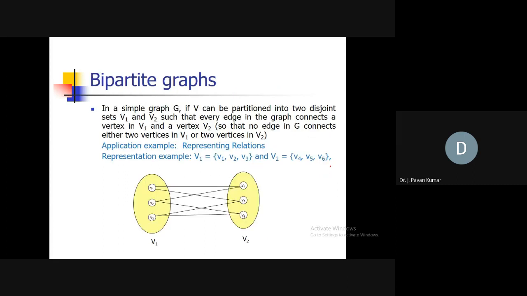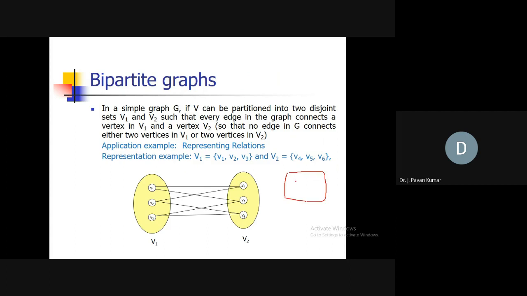Next, we have seen what is meant by a bipartite graph. That means if a vertex set can be divided into two disjoint independent sets, then we can consider it a bipartite graph. Let us consider a simple example. Students are there, and courses are there.